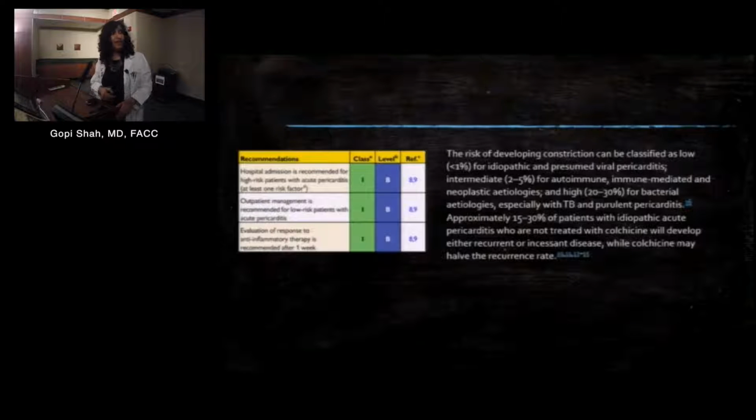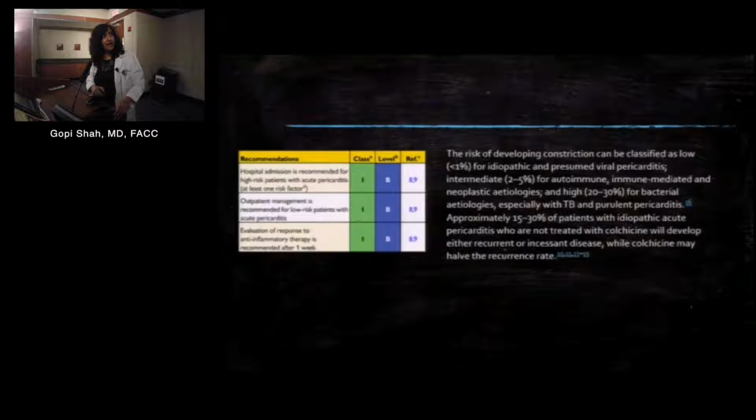So again, why is acute pericarditis important? Because we want to know how many of these are going to go into recurrence, and how we can prevent recurrence or incessant pericarditis, because this may lead to constrictive pericarditis. As you can see, in idiopathic and presumed viral, the incidence of developing constriction is very low, less than 1%.